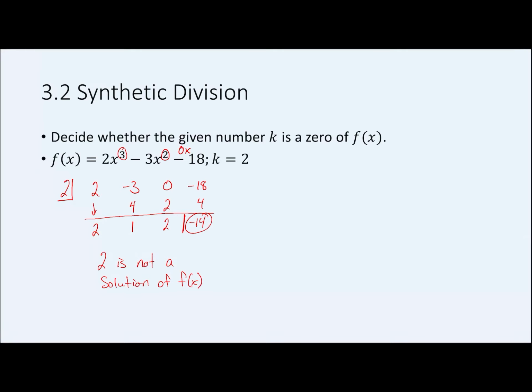Negative 18 plus 4 is negative 14. So to answer this question, since our remainder is negative 14, we would say that 2 is not a solution of f of x. It's not a solution of that function.